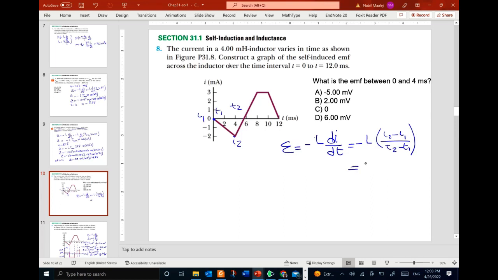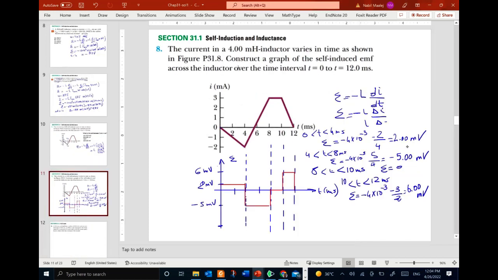So it will be L times 2 milliamps, 2 times 10 to the minus 3, divided by 4 milliseconds, 4 times 10 to the minus 3. When you do that, you find that it's equal to 2 millivolts, and you can do the same thing for the other intervals and plot the whole EMF.